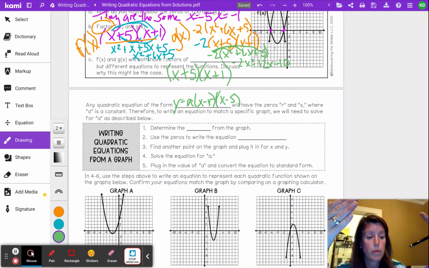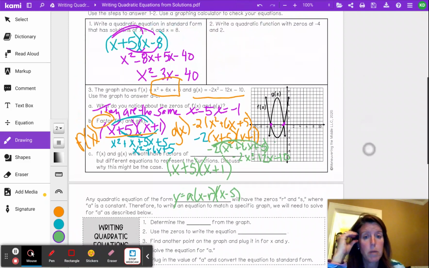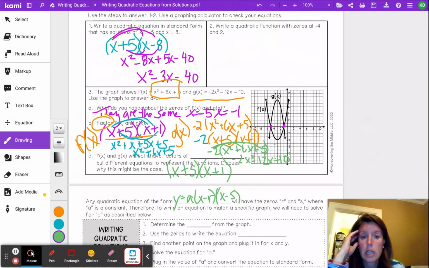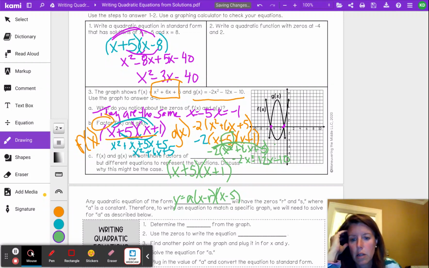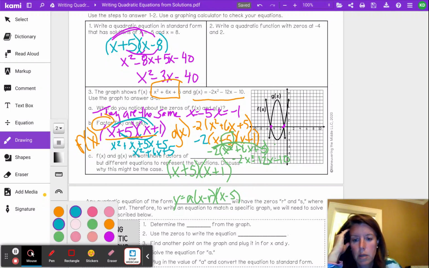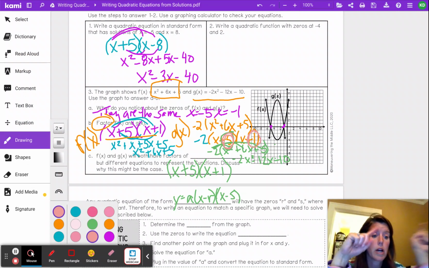So in our previous problems up here, let's see, I've got too many colors going on here. Maybe I'll do this one. So if you can see where those are our r and our s.